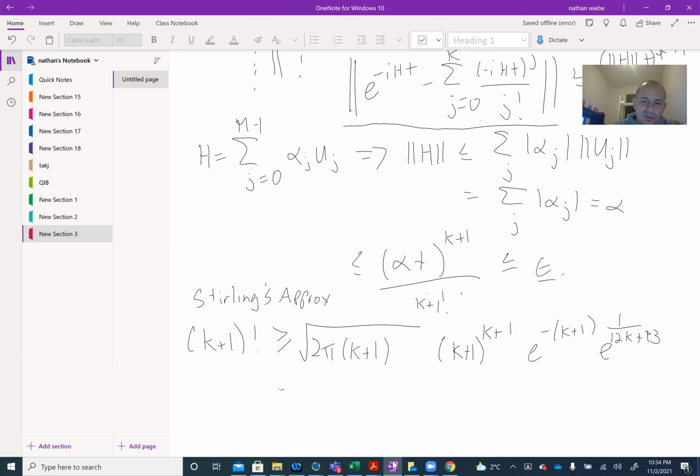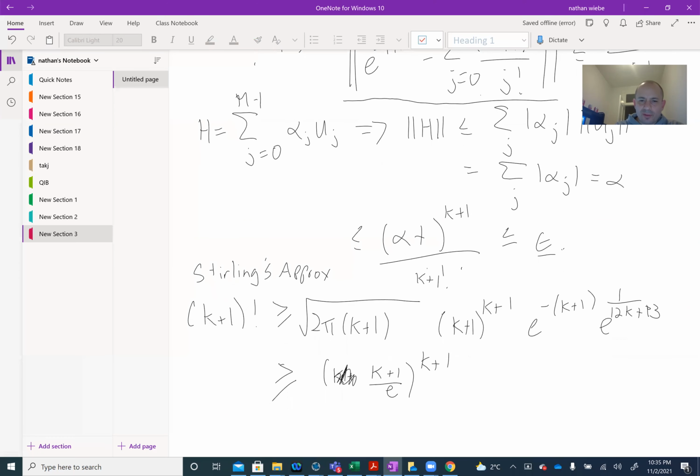And from this known result, it's pretty easy to see that this is less than or equal to (k plus 1) over e to the (k plus 1).